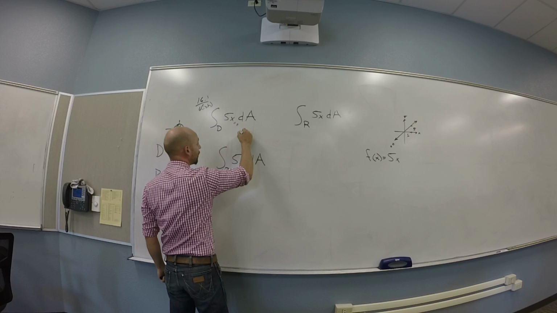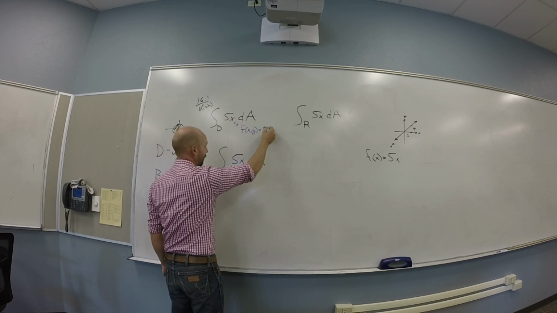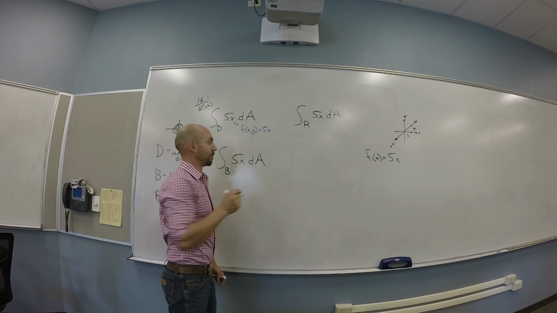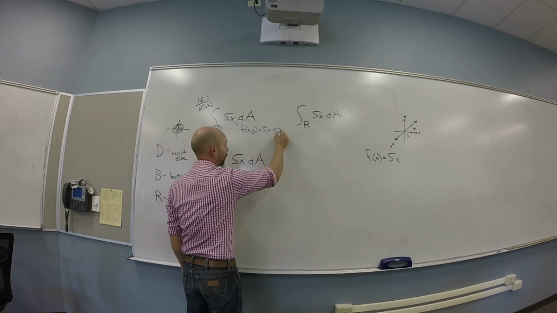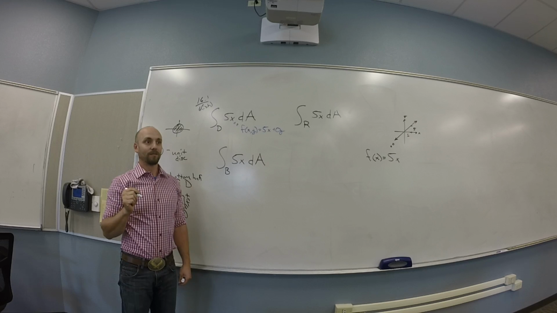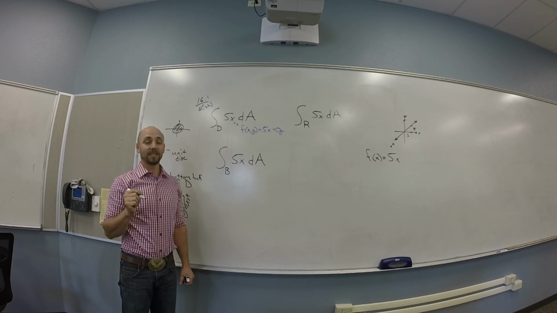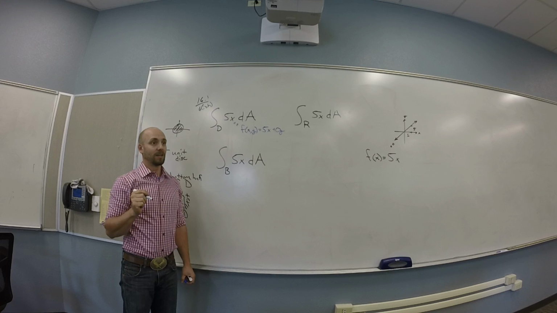So this is f of x and y is 5x plus 0y, how about? Right? Which is what kind of object? Yeah, this is a plane. You guys see that? Because it flies off.